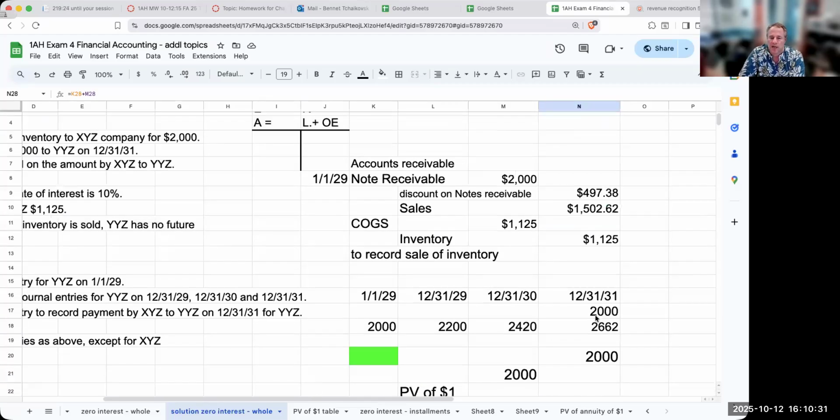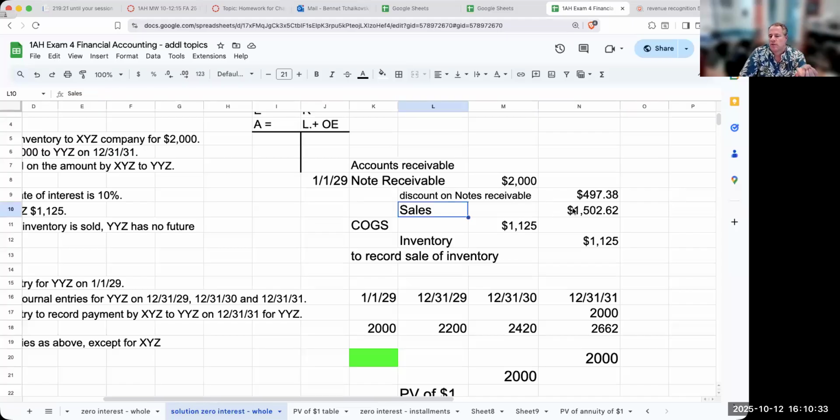So I know that is correct. The real amount of the sale is effectively 1502.62, but what the customer is ultimately going to pay me is $2,000.